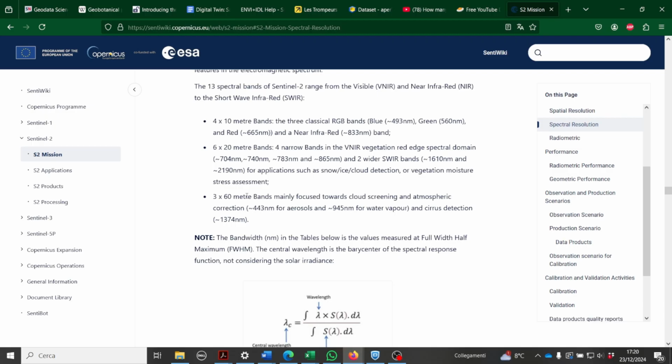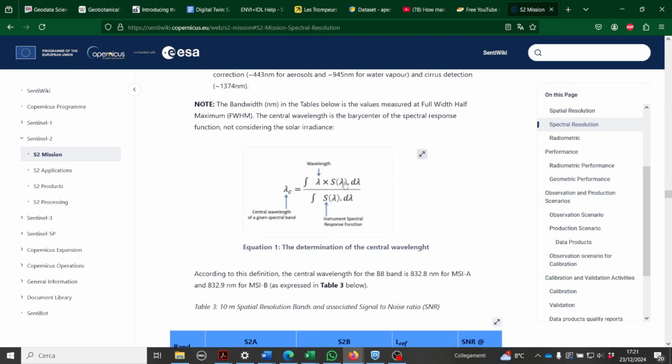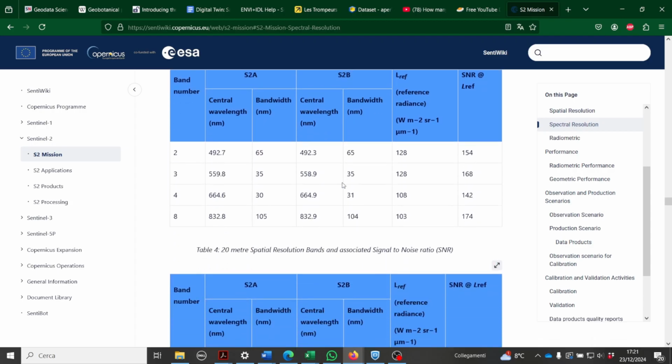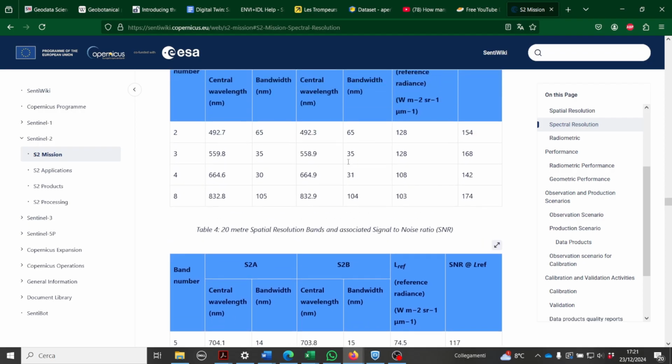And then we have a band that is used for the cirrus detection, that is in the mid-infrared, 1.36 microns. So this is the table that is listing the different spectral bands.